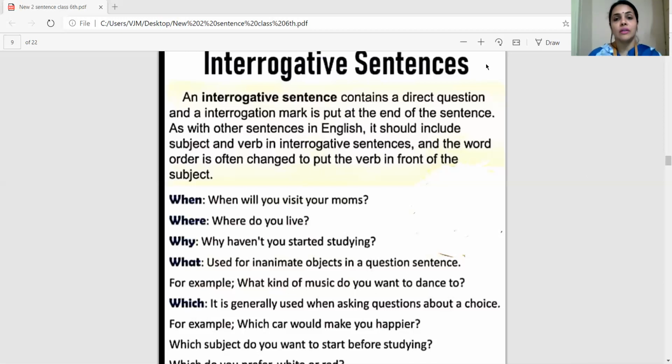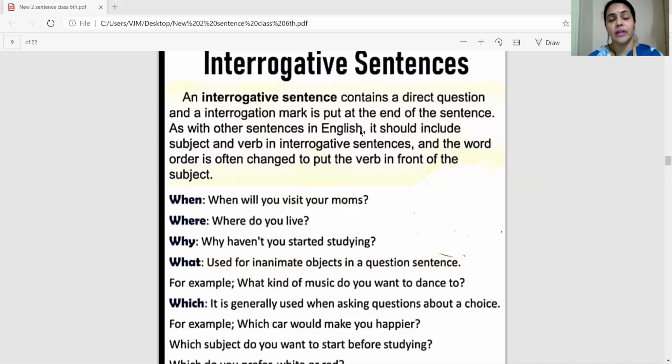As we all know, this is a question mark. If we see this punctuation mark at the end of a sentence, we understand that this sentence belongs to the category of interrogative sentences, right? That is why an interrogative sentence contains a direct question and a question mark is put at the end of the sentence.